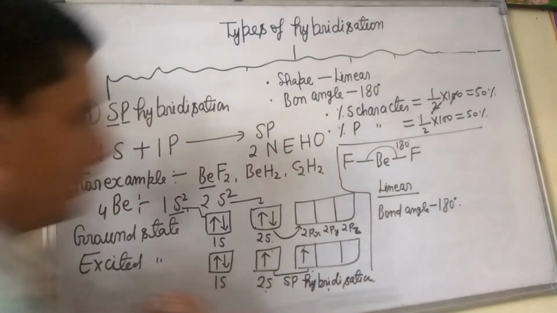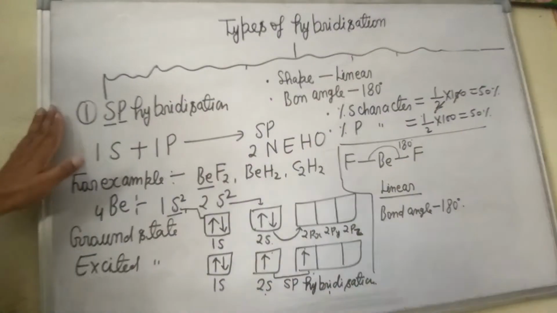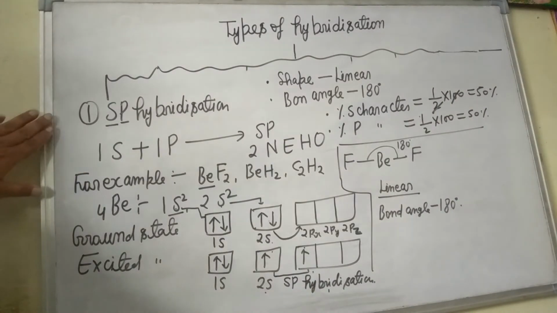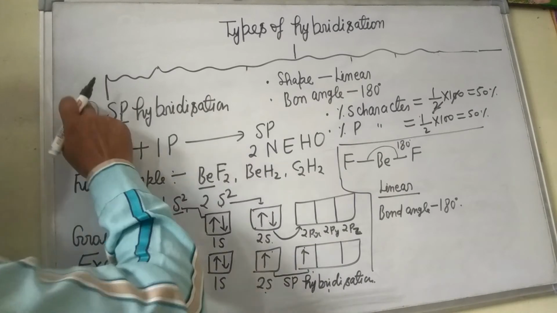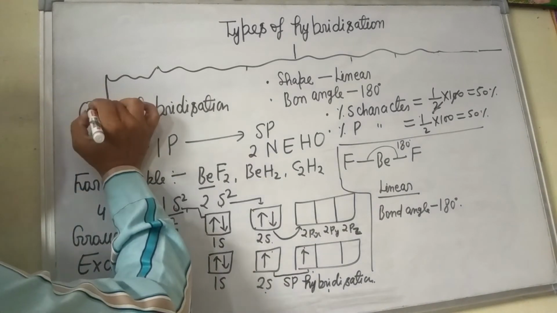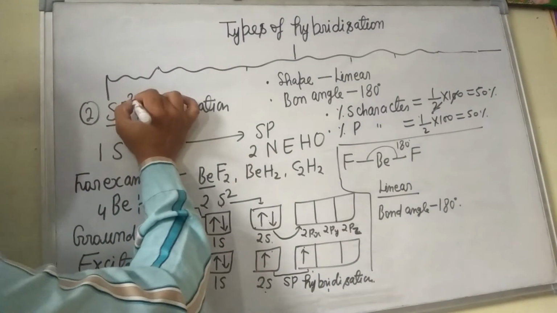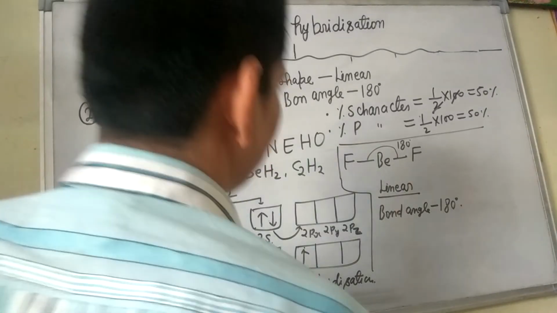Okay students, after this the next hybridization is called sp2 hybridization. So number 2, sp2 hybridization. What is sp2 hybridization?